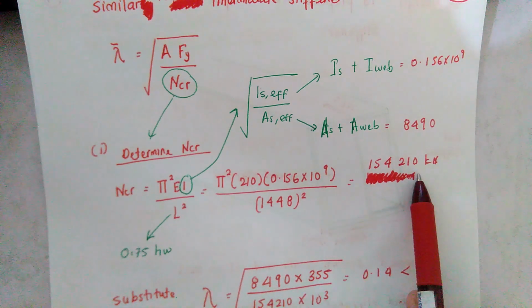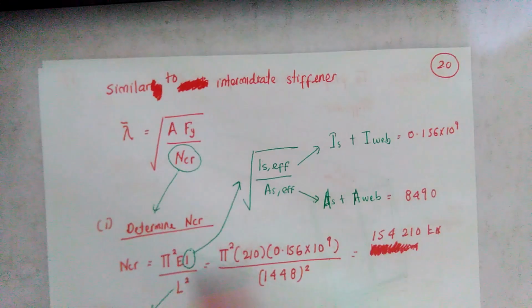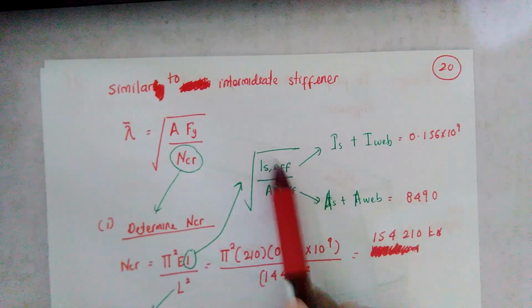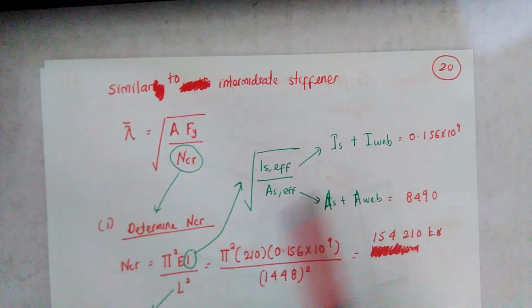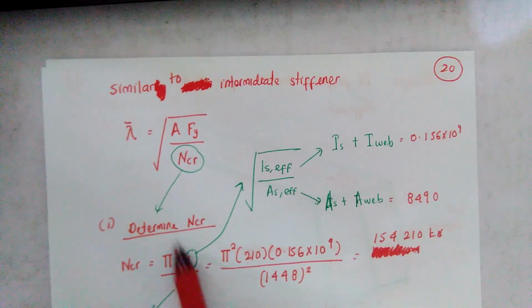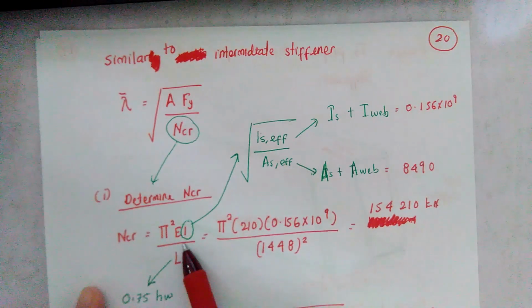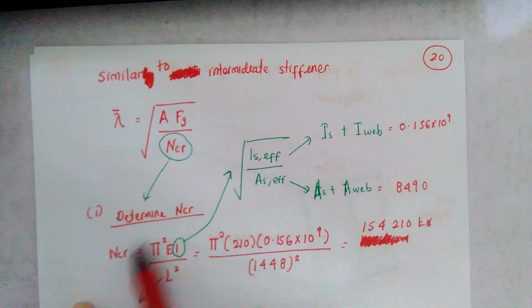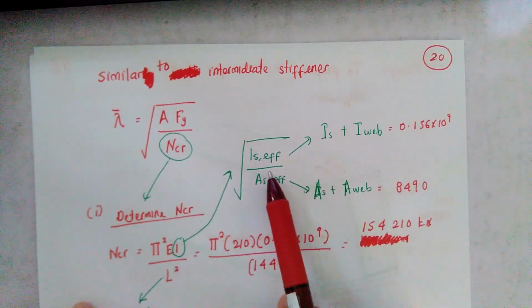Include all the parameters necessary in these equations. Then you get 154,210 kilonewton. So i is taken as the square root of Is over As because i is the radius of gyration. Okay, i is the radius of gyration, where this equation can be obtained from EC3 Part 1, in resisting the compression force towards buckling.